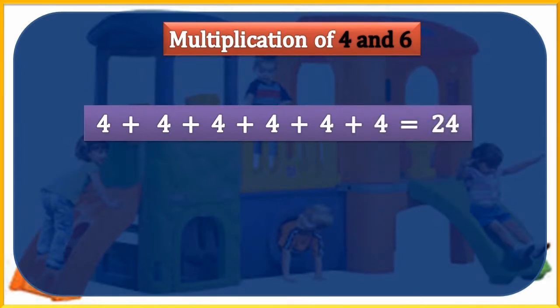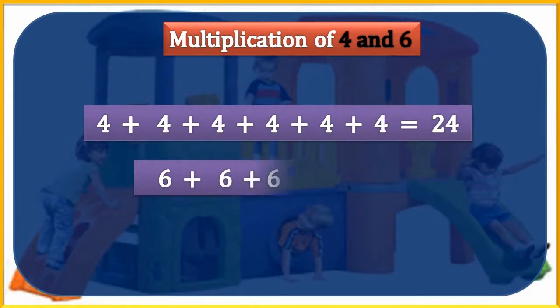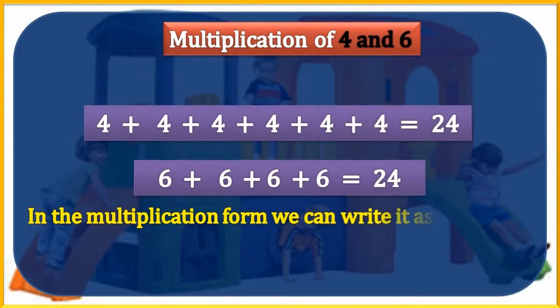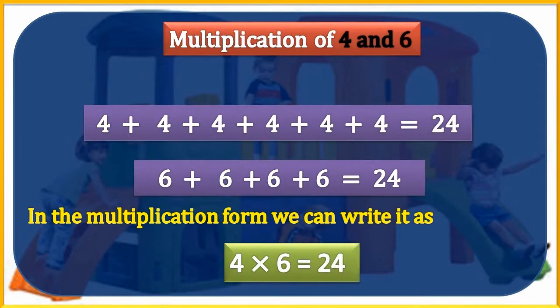In the same way, add the number 6 four times, and we also get the same result, 24. In the multiplication form, we can write it as 4 multiplied by 6 equals 24.